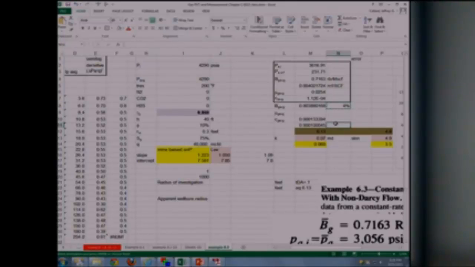That gives me a relative error on CT of 11%. Okay, I'm using their gas gravity, which we're going to just stick with, just to get an idea of where we are. I'm getting a 4% error on their Z factor and 11% error on their compressibility.